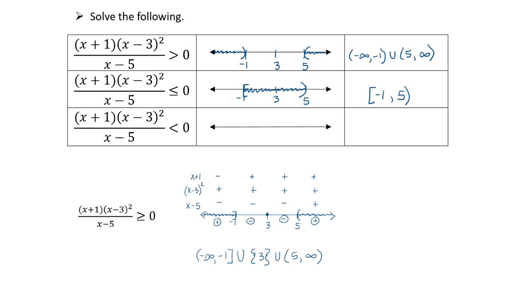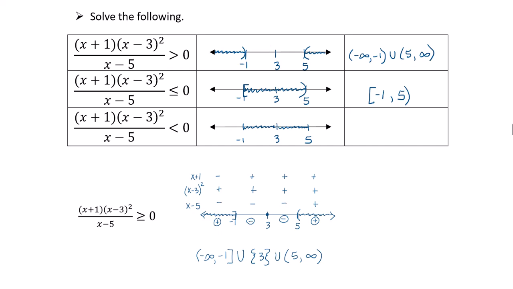Now let's say that we had a strictly less than 0 on our inequality. Let's start with the same boundary points that we had. The less than means we're going to pick the negative intervals, and we don't want to include anything that causes that rational expression to be equal to 0 because we're lacking the equal to part.